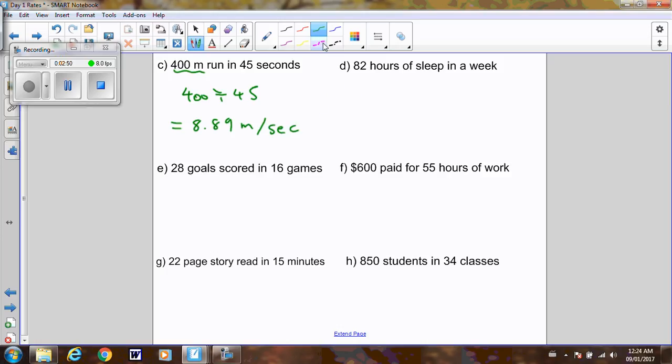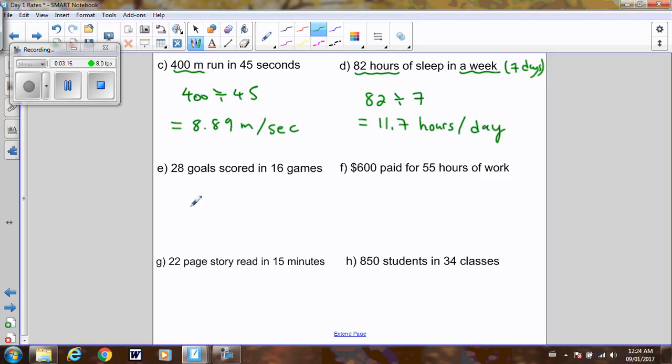The next one says you slept for 82 hours in a week. You have to realize that a week is 7 days. So what we're really asking is to take 82 and divide it by 7, and you're going to get 11.7 hours per day. So you slept for 11.7 hours per day.